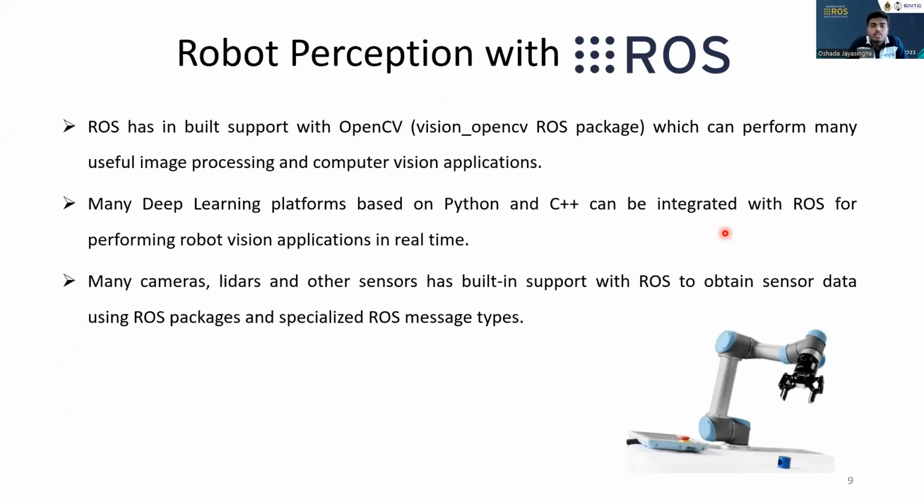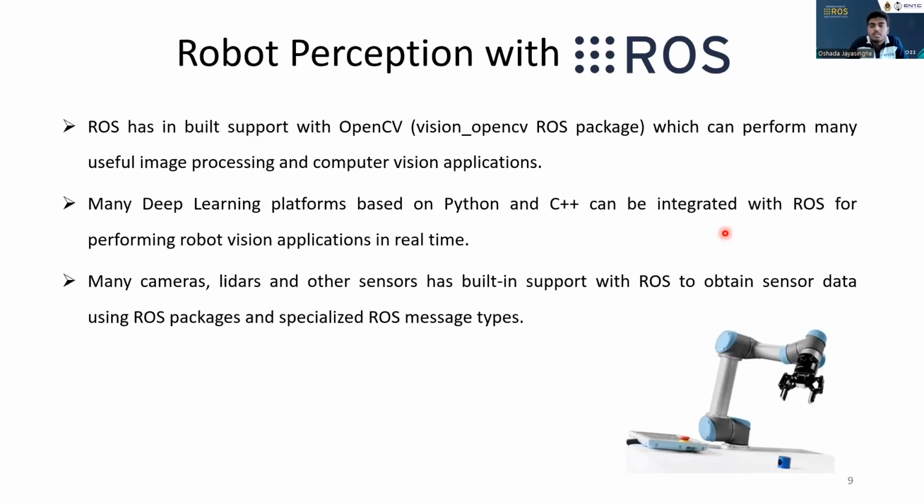The deep learning platforms like TensorFlow, Keras, and PyTorch are based on Python, and Caffe is based on C++. Those are different libraries, right? We can use PyTorch or TensorFlow for our own tasks separately without ROS.